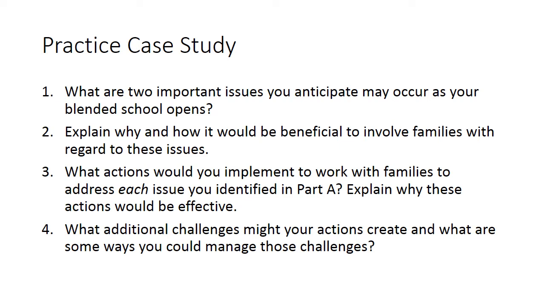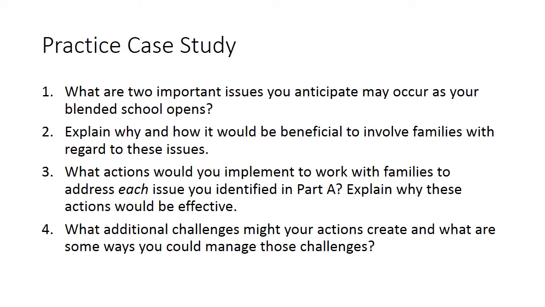So let's look back at our questions again. We have these 4 questions, and we have to be able to think about 2 important issues that could occur as the blended school opens. Recall that we have to talk about how it will be beneficial to involve families with regard to these 2 issues.